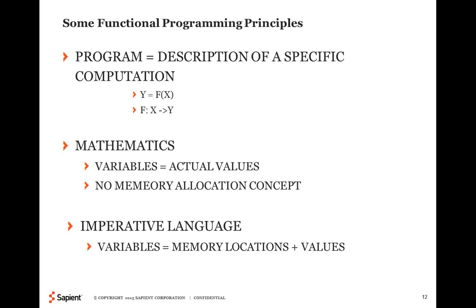Okay, so the next concept talks about the same thing I was trying to explain. In imperative languages like Java and .NET, variables are actually memory locations plus values. So x equals 3 means there is some memory location which points to 3, and x is just a reference to it.